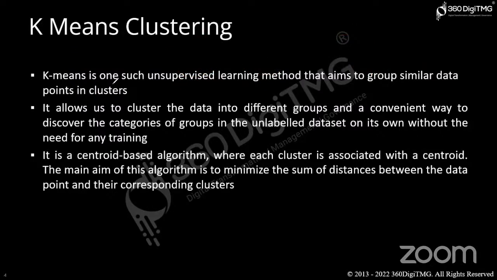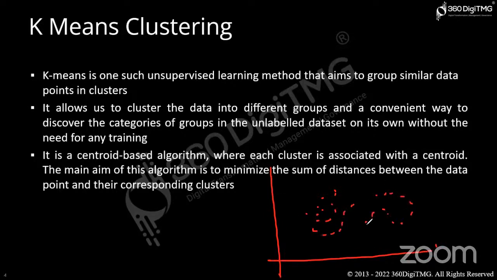Upfront we are passing the value of k. K-means is one such unsupervised learning method that aims to group similar data points. So what happens right after passing the k value? Let's say this is the data set you have, and you are passing k equal to 2.